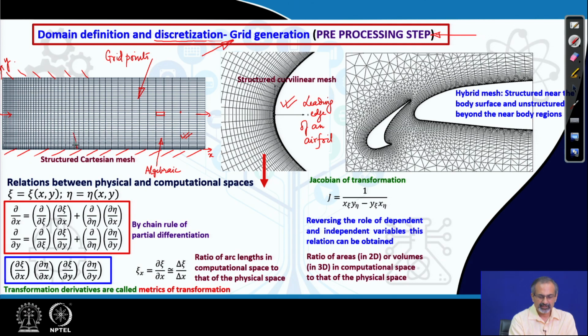You may have noticed that they were more closely spaced near the lower boundary or near the upper boundary, and more closely spaced closer to the inflow boundary than the outflow boundary, and so on. But nevertheless, they were parallel to the x or y axis, but here that is not possible because the geometry is curved, and therefore, you can think about a curvilinear mesh.